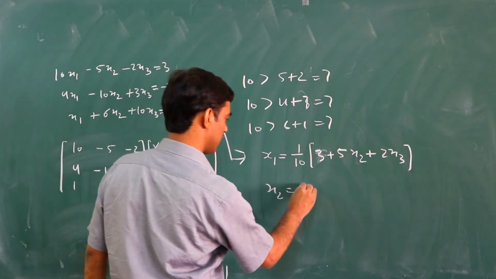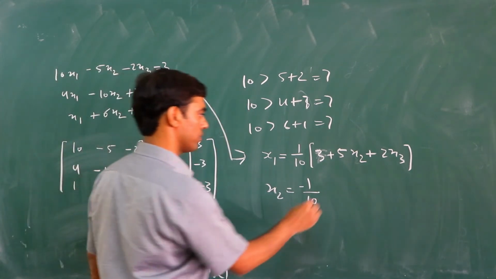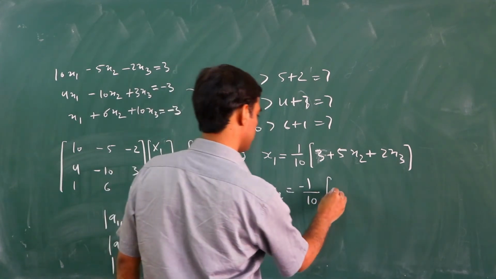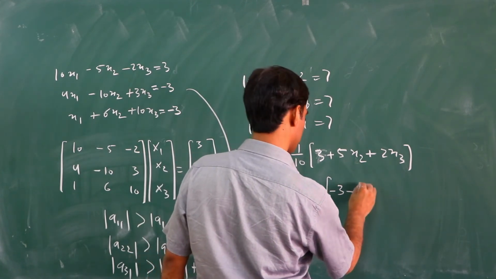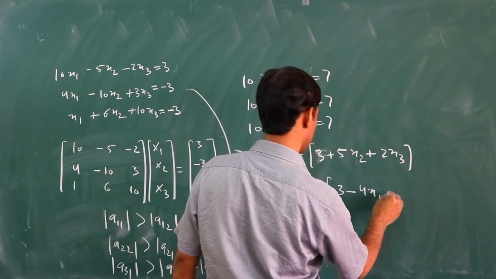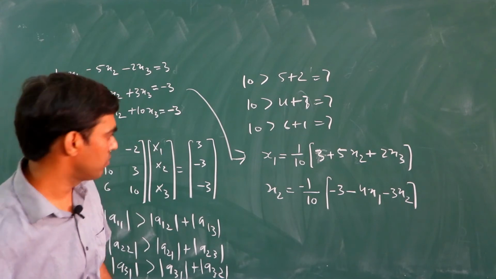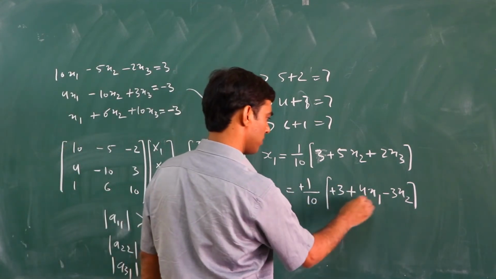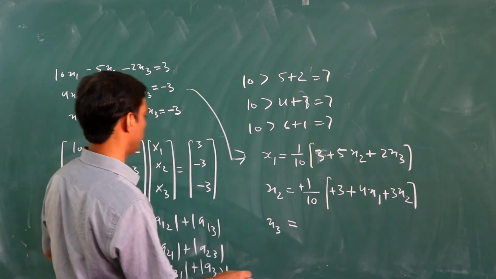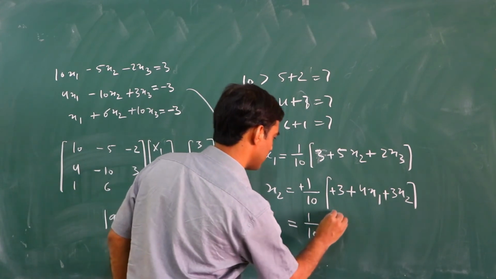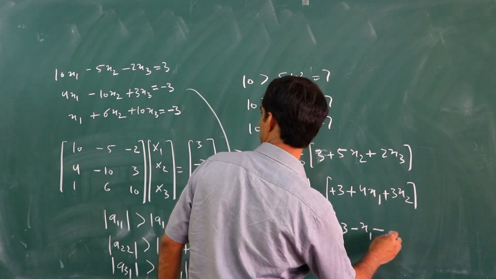Now x2 equals minus 1 upon 10 times (minus 3 minus 4x1 minus 3x2), and if we simplify this, it becomes plus. Similarly, x3 equals 1 by 10 times (minus 3 minus x1 minus 6x2).